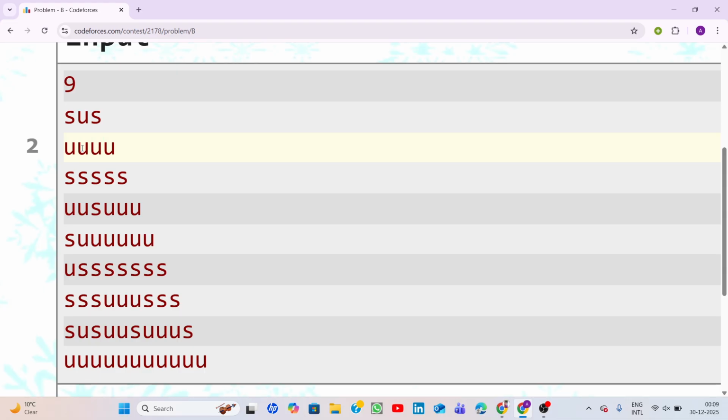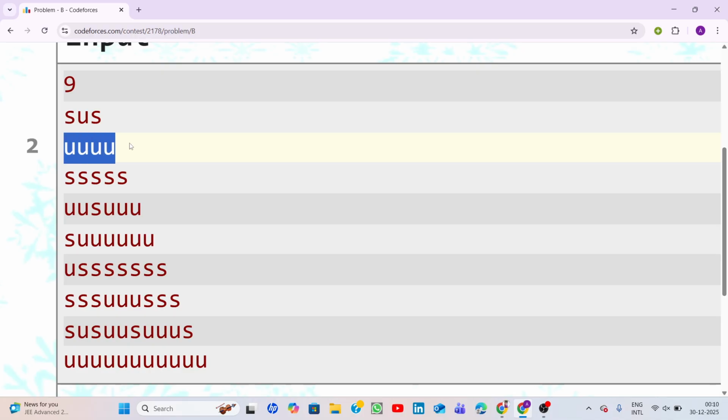So suppose we converted this u to s. So for this u it is s and for this u it is s. Now it is converted to s, so the distance of this s from this u is 1 unit.